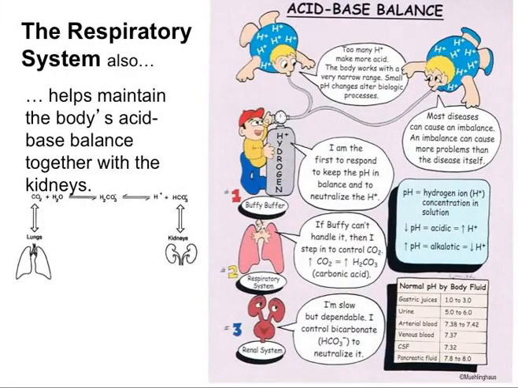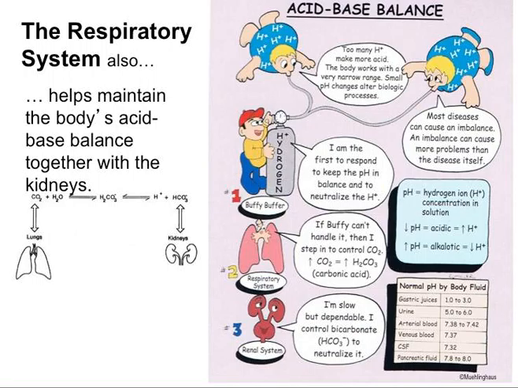The other thing that the respiratory system does is help maintain the body's acid and base balance. It does that together with the kidneys. If you look at the picture to the right, it explains it fairly decently. When we have too many hydrogen ions in our system, we make the system more acidic. And the body works with a very narrow range of how acidic or how basic it can be.